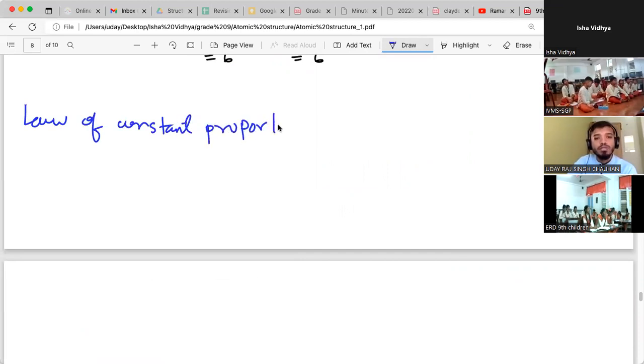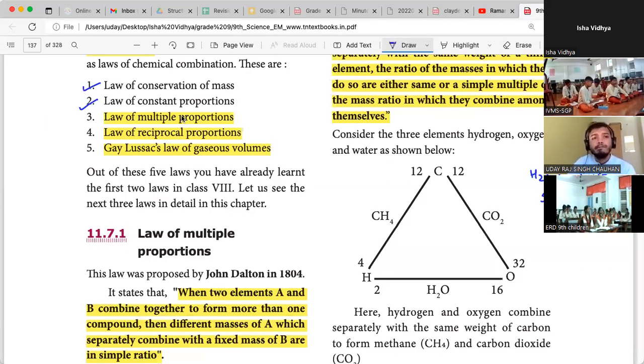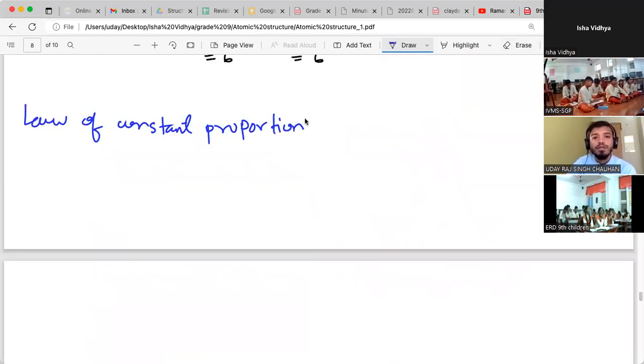The second law, which is given here. So according to this law, see, in the names itself the definition is given in all these laws. Constant proportion means elements are in a fixed ratio.